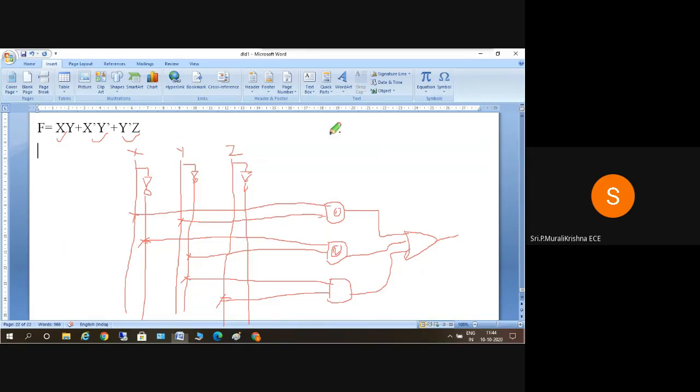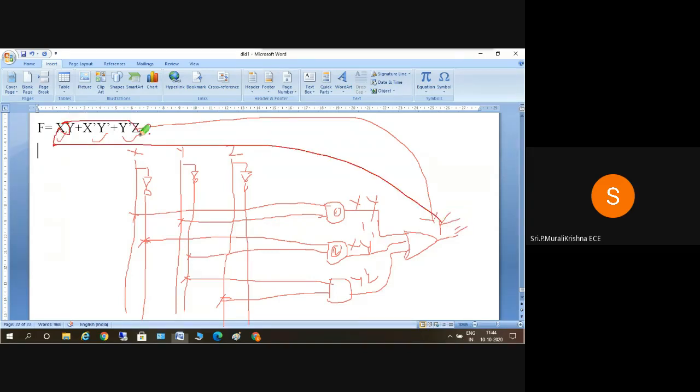Here, this is xy, this is x bar y bar, and this is y bar z, and all three are added here. So all these three are added, and this will be the sum. So f is equal to this sum here. So clear? Yes, sir. Yes, ma'am. Okay.